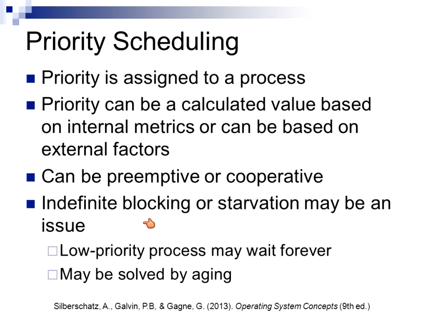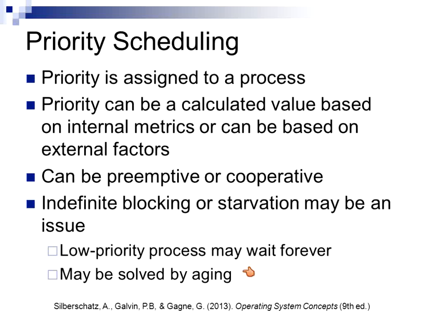The thing you have to worry about with priority scheduling is blocking. If high priority jobs keep coming into the system and they keep getting the CPU before low priority jobs, the low priority jobs could wait forever. So what you do in a system is something called aging. With aging, you gradually increase a process's priority as it's waiting.